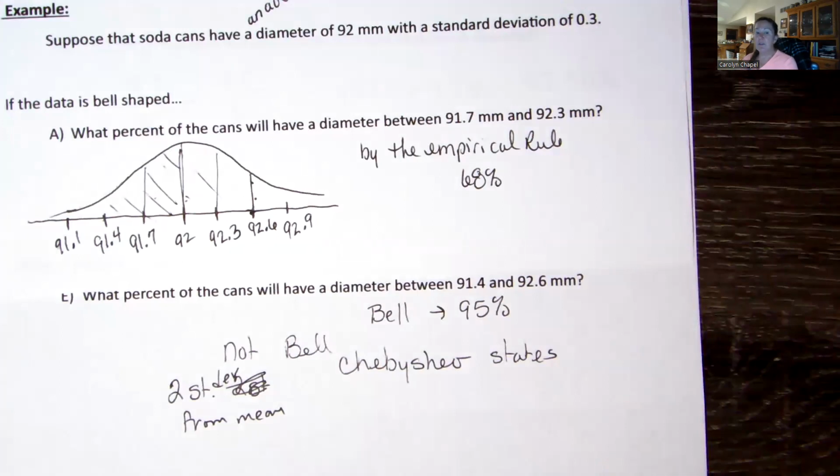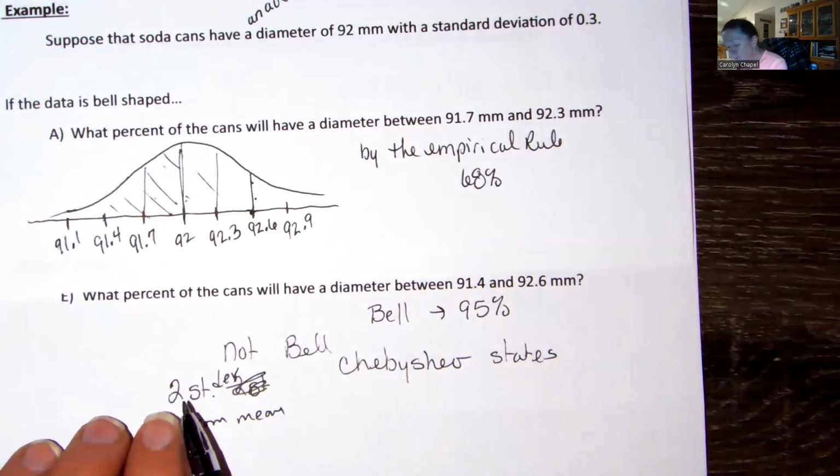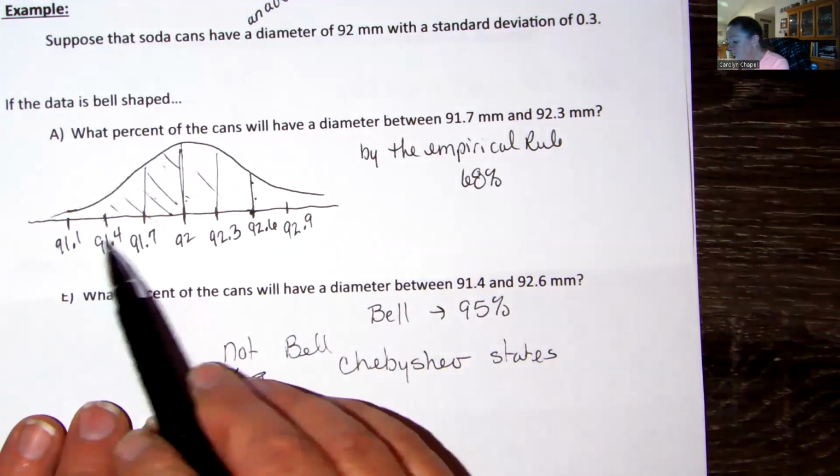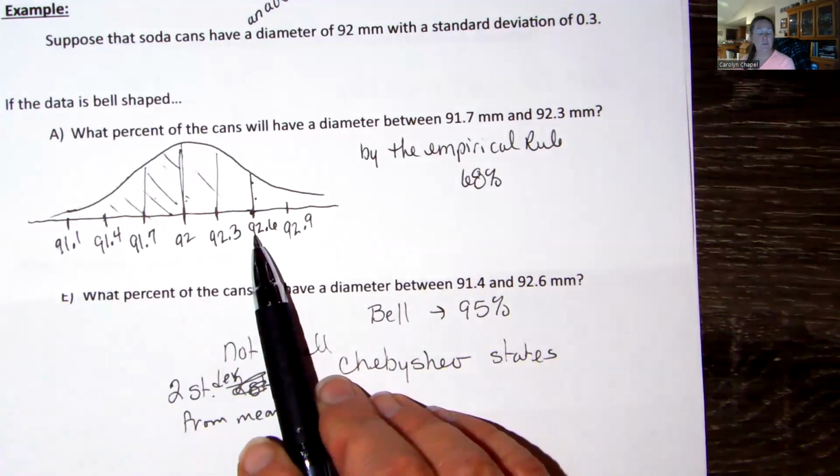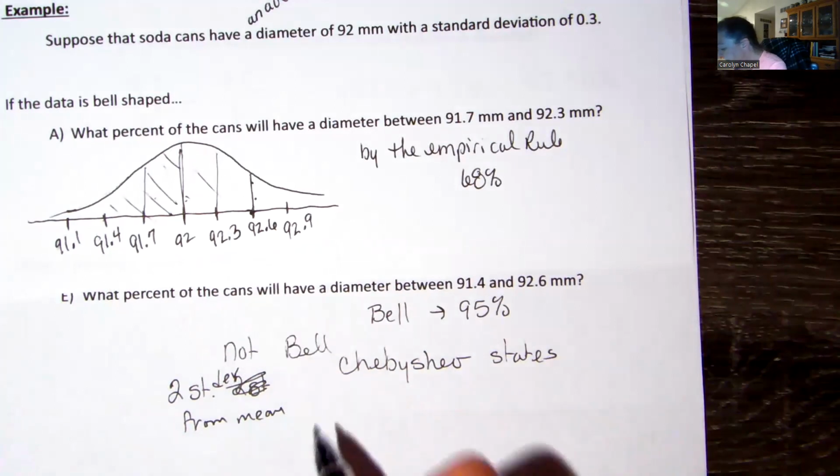When we're dealing with something that's not bell-shaped, we have no idea what the shape of the information looks like. So we can't split it and go 2 up and 3 down or something like that. We have to maintain the 2 up and 2 down, or 1 up and 1 down, or 1.5 up and 1.5 down. And I chose those just to make it easy for us to see.